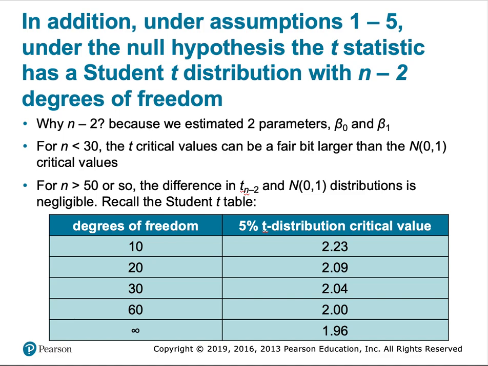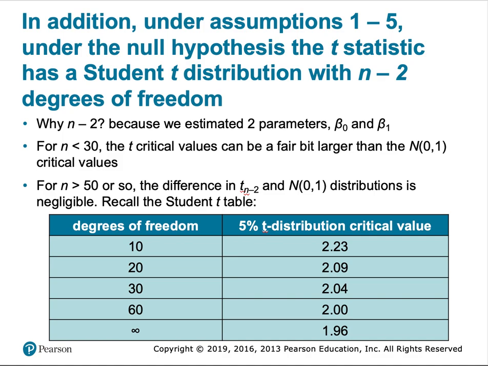And so that is really where this makes a difference, where you have a small sample. If you can satisfy assumptions 1 through 5, this becomes useful. For large samples, like n greater than 50, the difference between the student's t-distribution and the standard normal distribution is negligible.